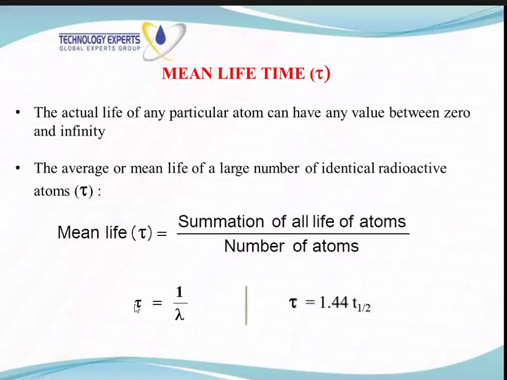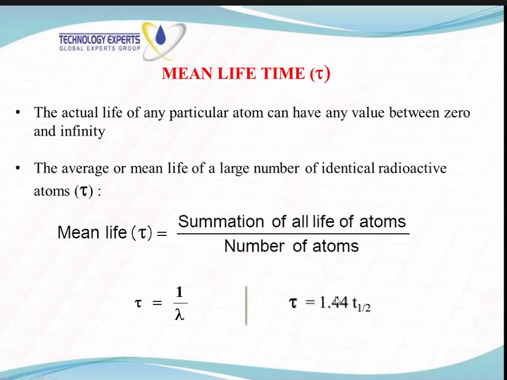We give it the symbol tau. Tau is equal to 1 over lambda, the reciprocal of the decay constant. Or it is equal to 1.44 T half.